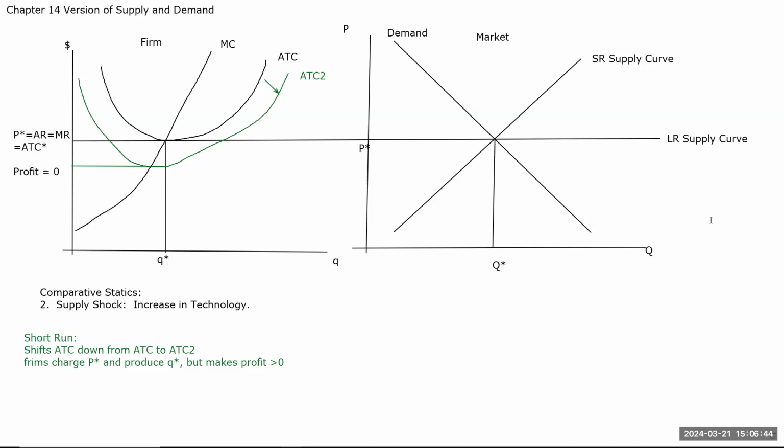So when these new firms enter, instead of charging P star, they charge less than P star. They start a price war. And this continues until we get to the new long run supply curve.